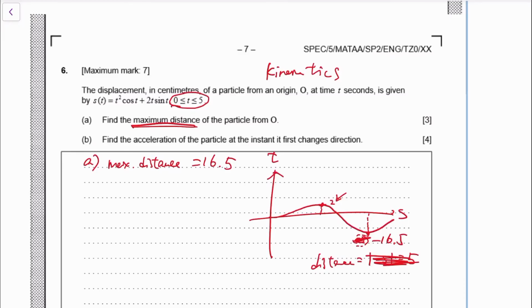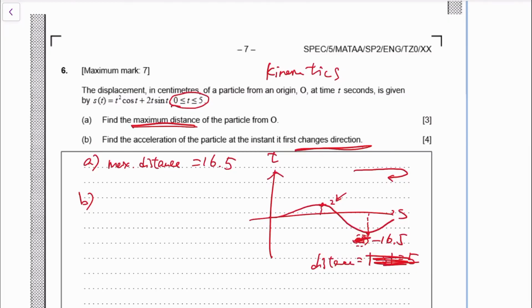Okay. B, find the acceleration of the particle at the instant that it first changes direction. Now, when does your particle change direction, right? Your particle changing direction basically means that you were originally going to the right and then you suddenly go backward. Okay, that's changing direction.